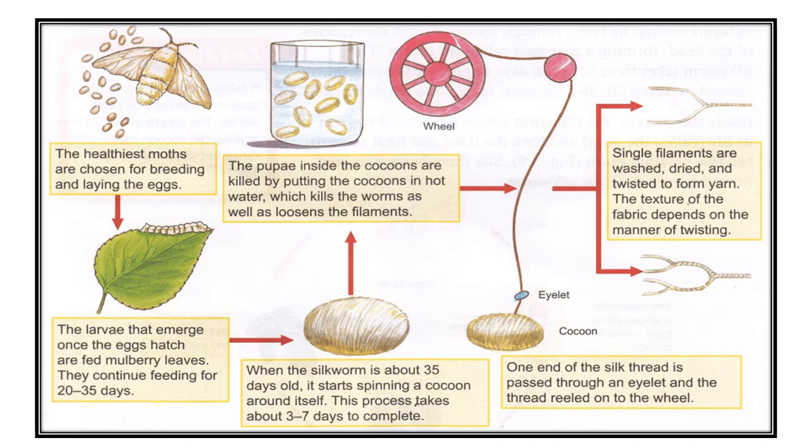Once this step is done, one end of the silk thread is passed through an eyelet and the thread reeled onto the wheel. Finally, single filaments are washed, dried, and twisted to form yarn. The texture of the fabric depends on the manner of twisting.